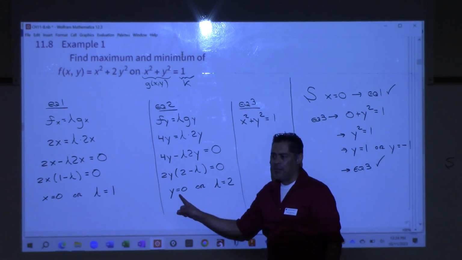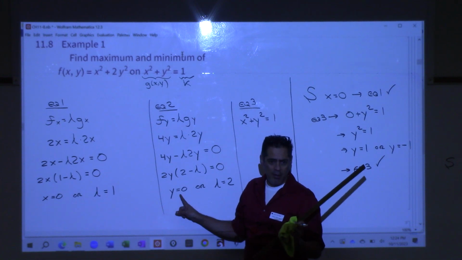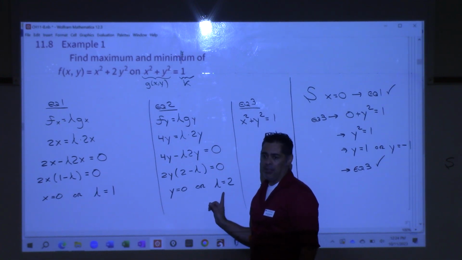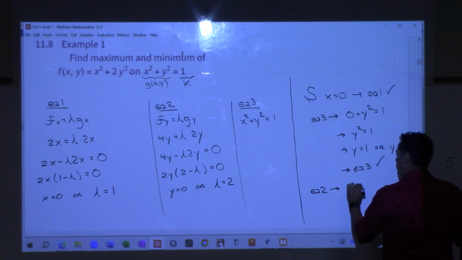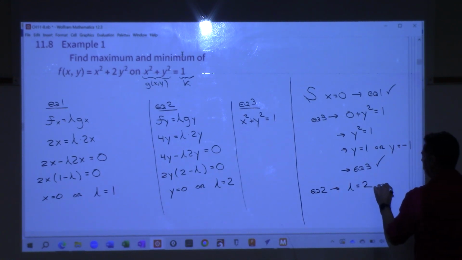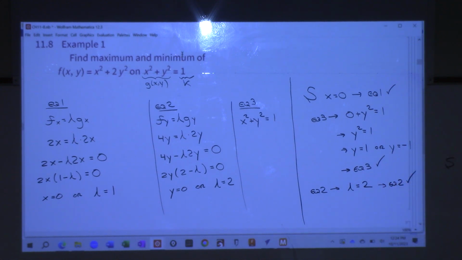It says that y has to be 0, but what are we saying? Y is what? 1 or negative 1, right? So that's not true, which forces what? Lambda to have to be 2. So for equation 2, we have to let lambda be 2. And now, if we do that, equation 2 is satisfied. Does that all kind of make sense to you?